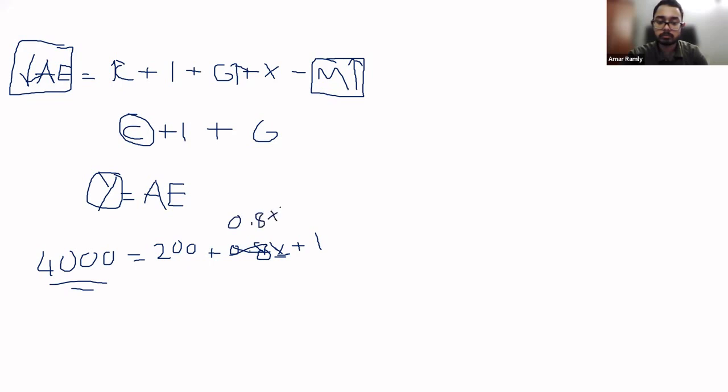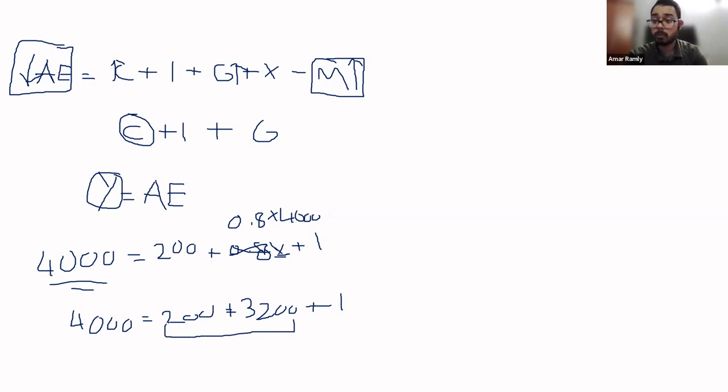Now multiply this out: 4,000 equals 200 plus 3,200 plus I. When you add these two up, it comes to 3,400. Take it to the other side.